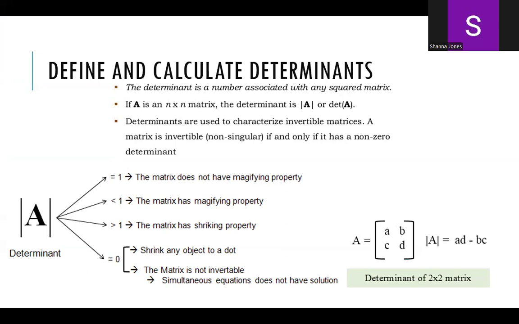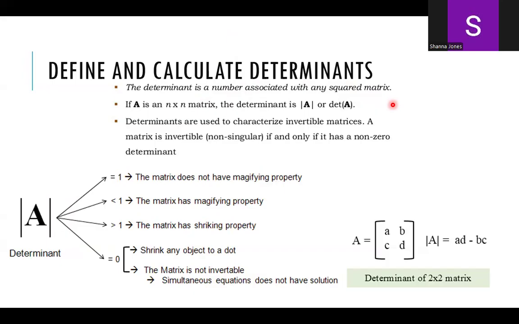And we appreciate you. But essentially, what we need to know is what a determinant is. A determinant is a number associated with any square matrix. In the 6.6 notes, I talked about a square matrix being a matrix that has the same number of rows and the same number of columns. So 2 by 2, 3 by 3, 4 by 4, and so on.